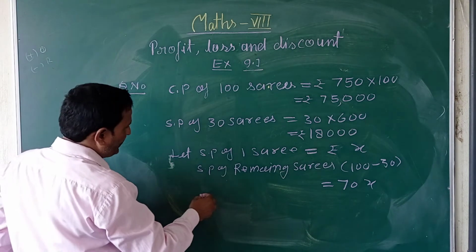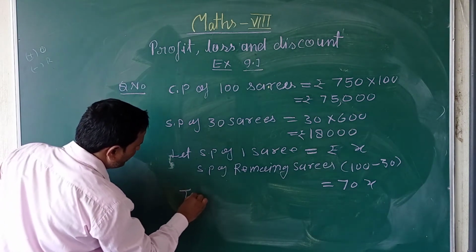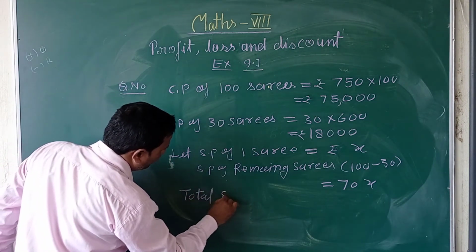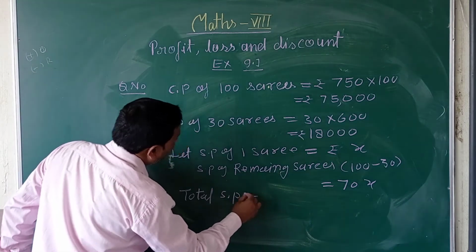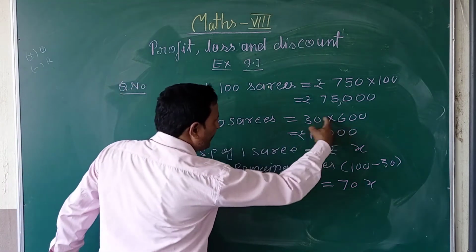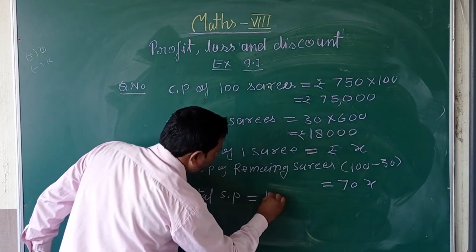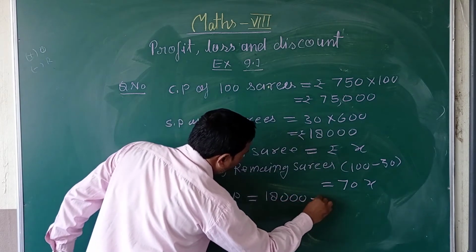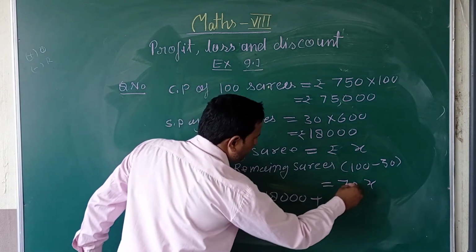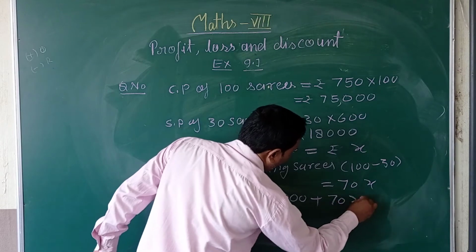Now, total selling price: the 30 sarees' selling price is 18,000 and the 70 sarees' selling price is 70x rupees.